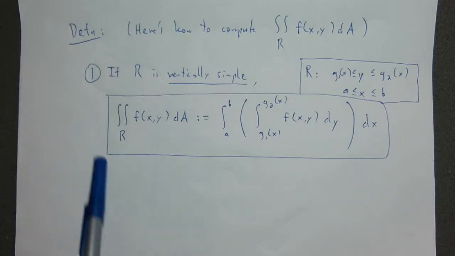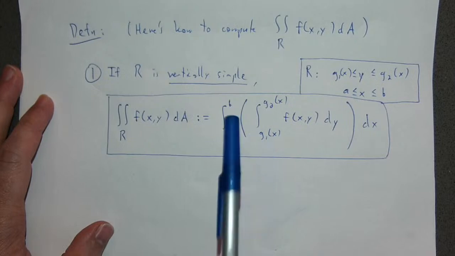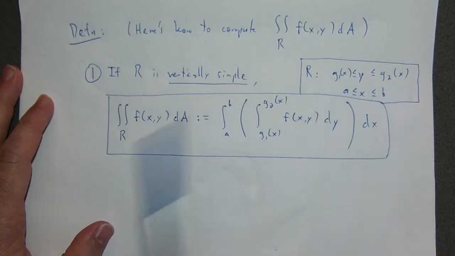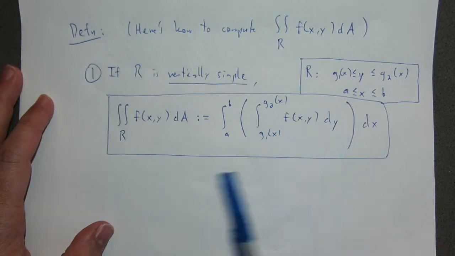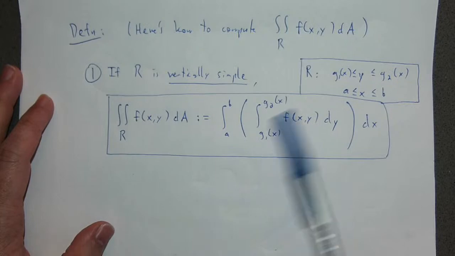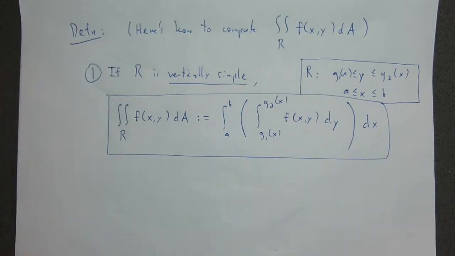If that's the case, then we can compute this double integral as an inner integral, where the lower and upper bounds of integration, respectively, are those lower and upper functions that bound y. After we have computed this integral, the result is going to be some function of x. We then integrate that function with respect to x on the interval a to b.